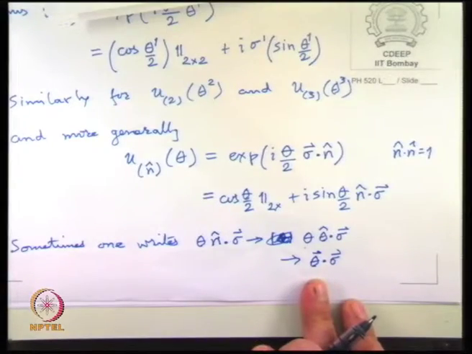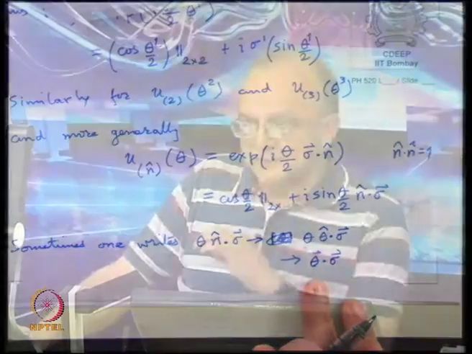3 entries. So this is complete misuse of vector notation, because theta 1, theta 2, theta 3 do not form a vector in any sense by any stretch of imagination. But there are 3 parameters theta, this is all it means. There are 3 parameters theta 1, theta 2, theta 3, and you could have just taken theta 1 times sigma 1, theta 2 times sigma 2, theta 3 times sigma 3, then extracted the modulus of them.